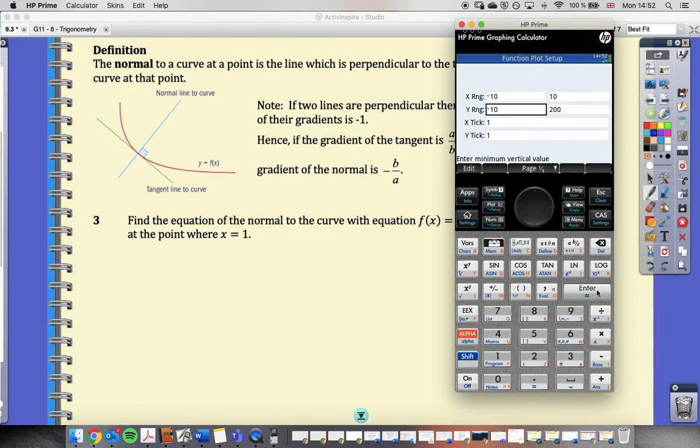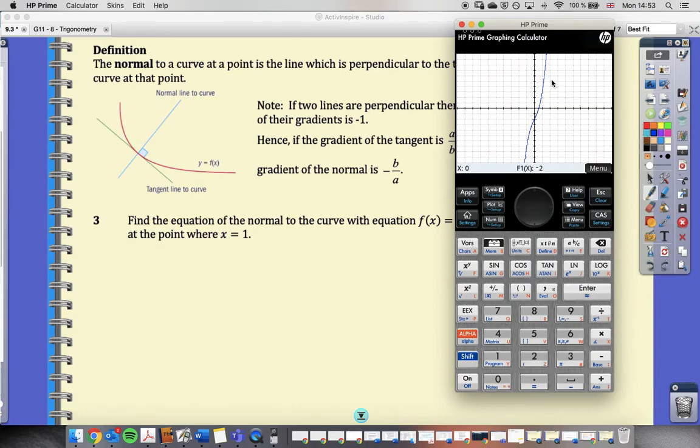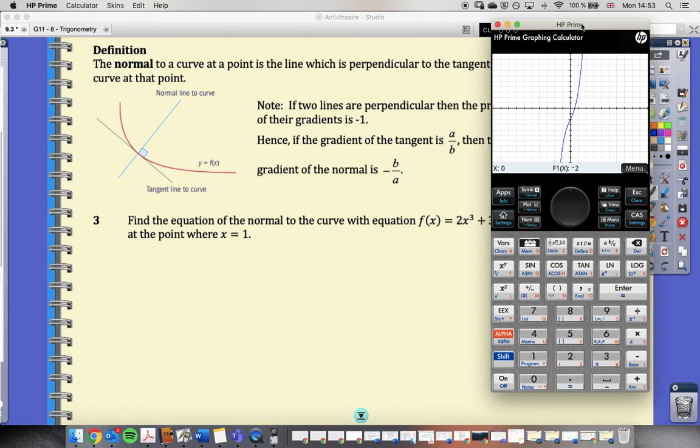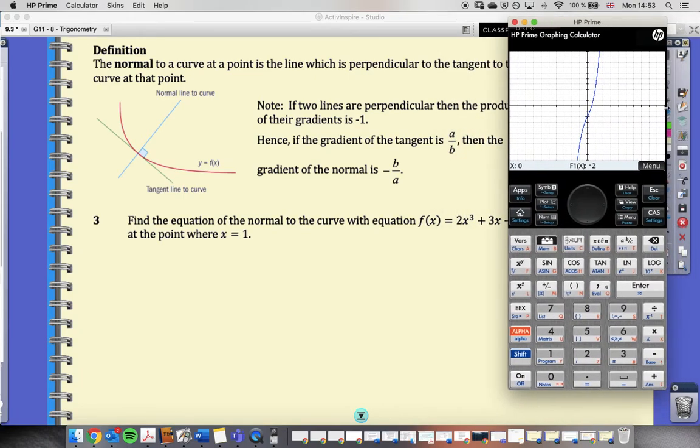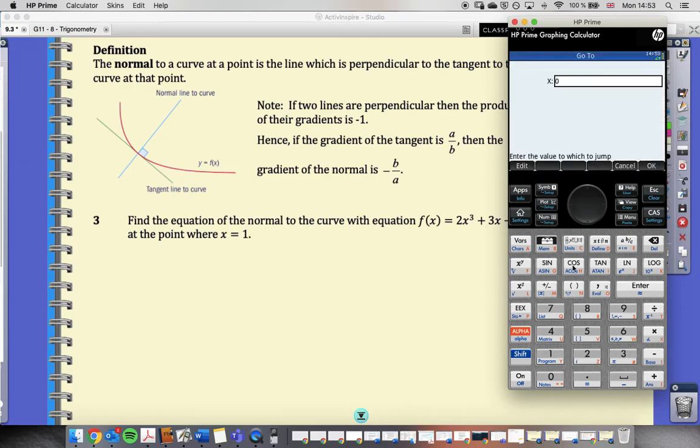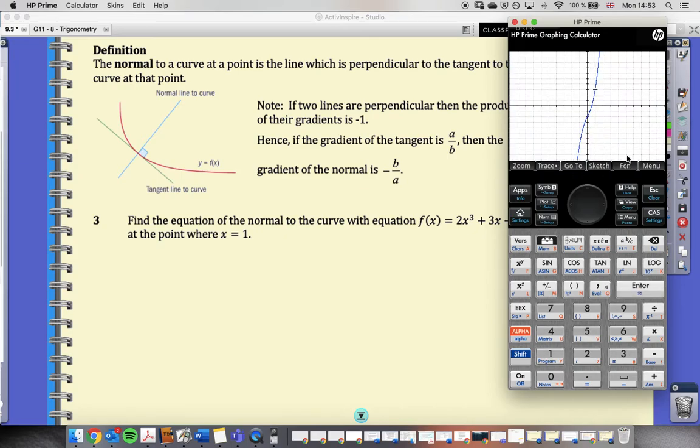I'm not exactly sure what we want to be going up to, but let's just start with this. That's not ideal, but it will do because we've got x equals 1 over here. So let's go to 1. Okay, so it goes through the point 1, 3. That's useful. Let's write that down.